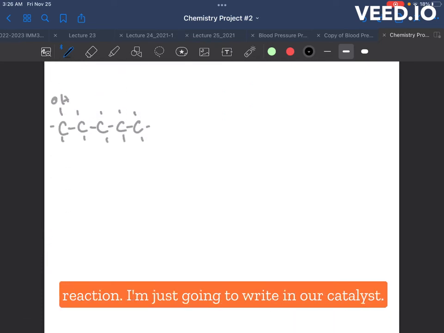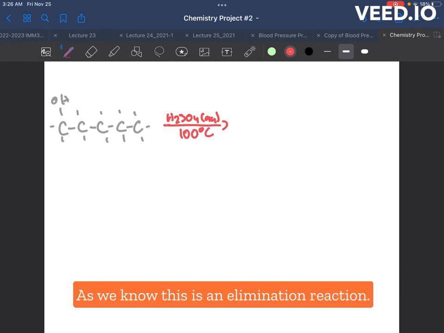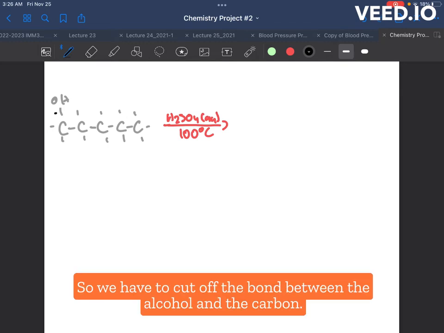Now, moving back to our reaction, I'm just going to write in our catalyst, so sulfuric acid and 100 degrees Celsius. Perfect. As you know, this is an elimination reaction, so we have to cut off the bond between the alcohol and the carbon.